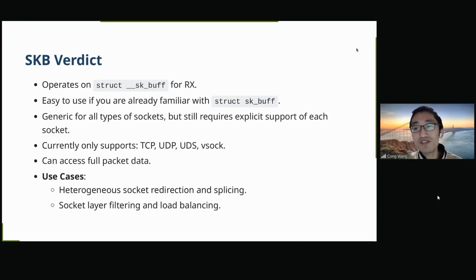This is also a very good thing, because if you want to put different sockets within the map, you don't need to worry about the type anymore. Just use this one. So far, only four socket families support this one: the TCP socket, the UDP socket, the Unix domain socket, and the VSOCK.